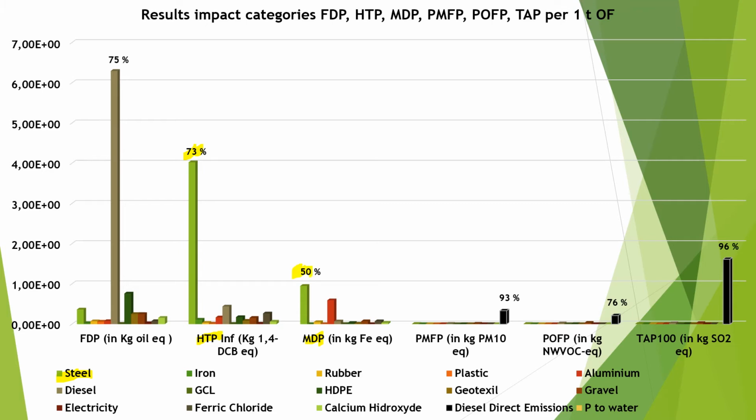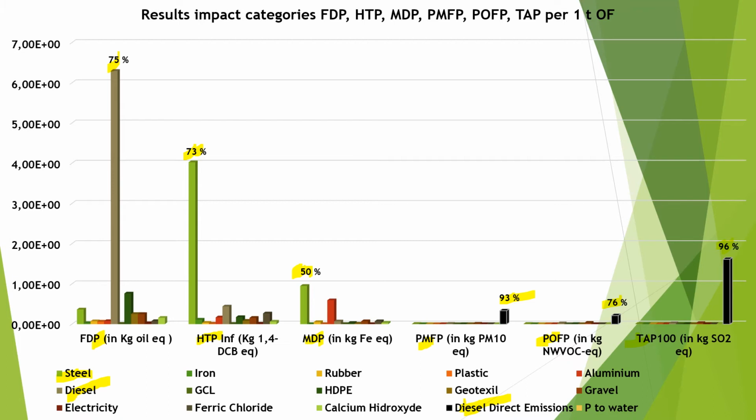We can also highlight that diesel consumption dominates in fossil depletion with a weight of 75%, while diesel direct emissions are preponderant in particulate matter, photochemical oxidant, and terrestrial acidification potential with values of 93, 76, and 96% respectively.